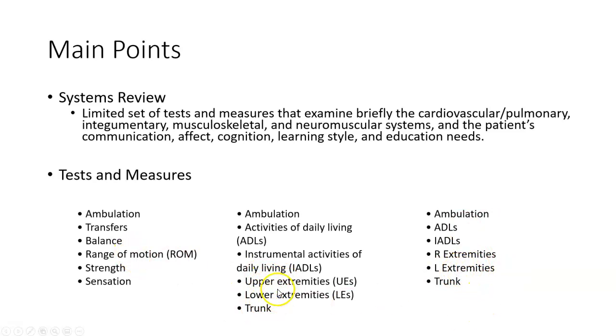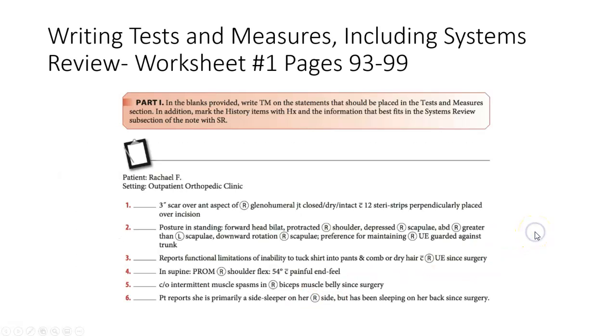So in these aspects where we have upper extremity, lower extremity, we would also be seeing some of these as applicable included in there. There are a lot of good tips as far as how to specifically document each of those different components, how you will write those out, and we'll be practicing those and looking at some of those examples in our worksheet.